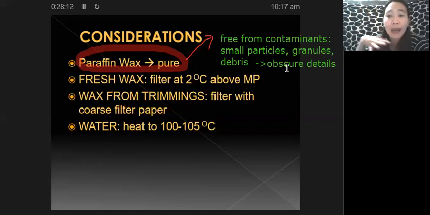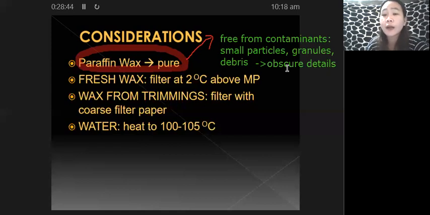Papatungan niya or itatago niya the important anatomical details which is supposed to be examined by the pathologist. So if the details are obscured and the pathologist will not be able to see the details, this will interfere with the results or with the diagnosis of the patient by the pathologist. All right, so that's why you have to ensure that your paraffin wax is pure.